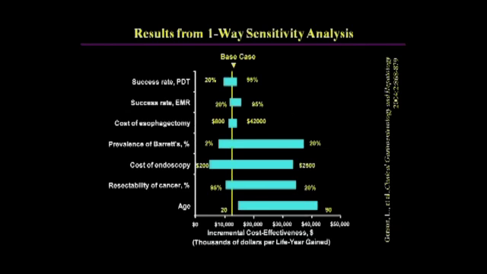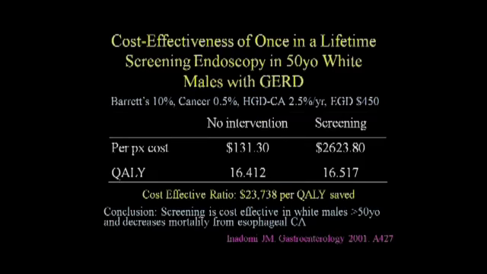And you can see here how if you move this bar based on some of these assumptions, like the age of the patient, or if you will, the resectability of the cancer, you can go from anywhere from about $12,000 in incremental cost effectiveness to up into the 50, 60, and even hundreds of thousands of dollars of incremental cost effectiveness. And recognize also that in all those assumptions, there are no prospective randomized data with which to draw.